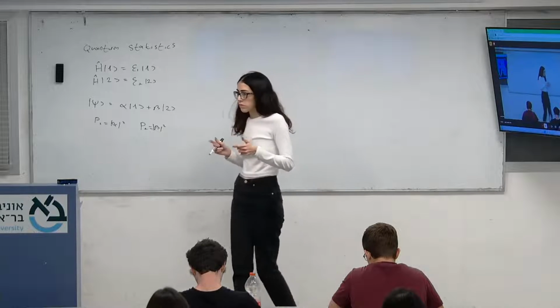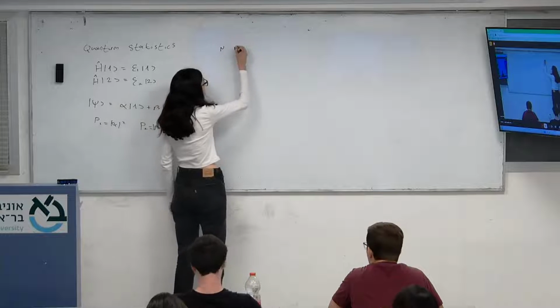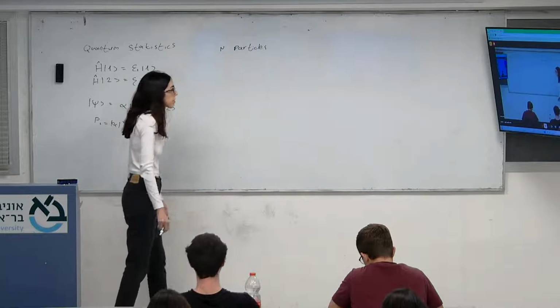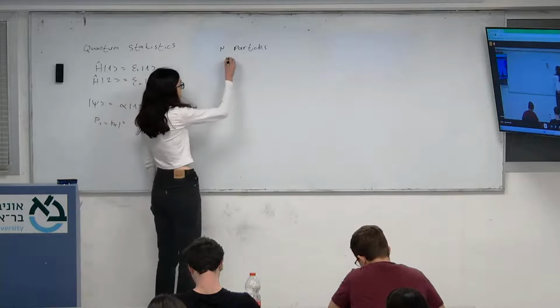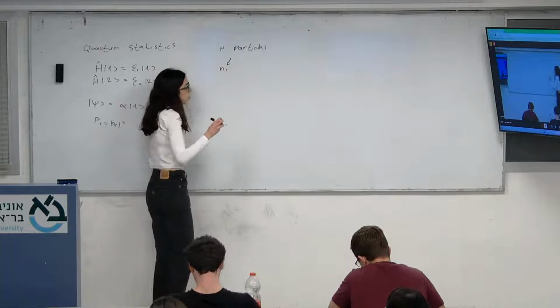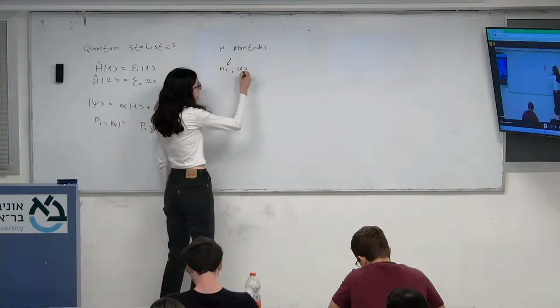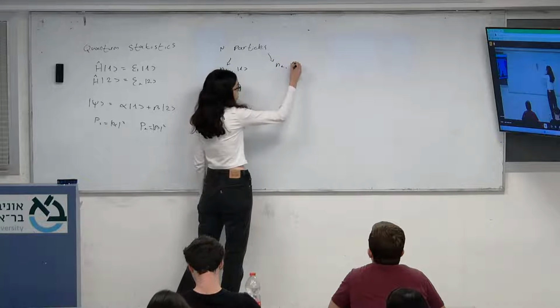Now let's look at something a bit different. So we have a system with n quantum particles, and I'm telling you we have n1 particles in state 1 and n2 particles with state 2.